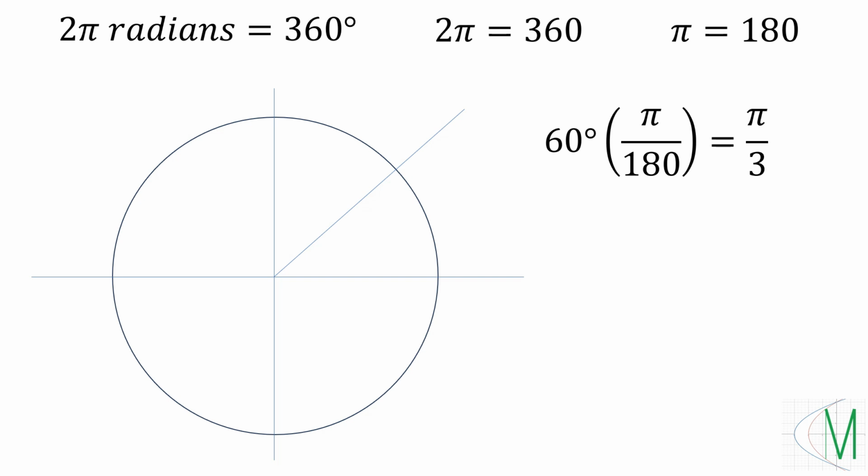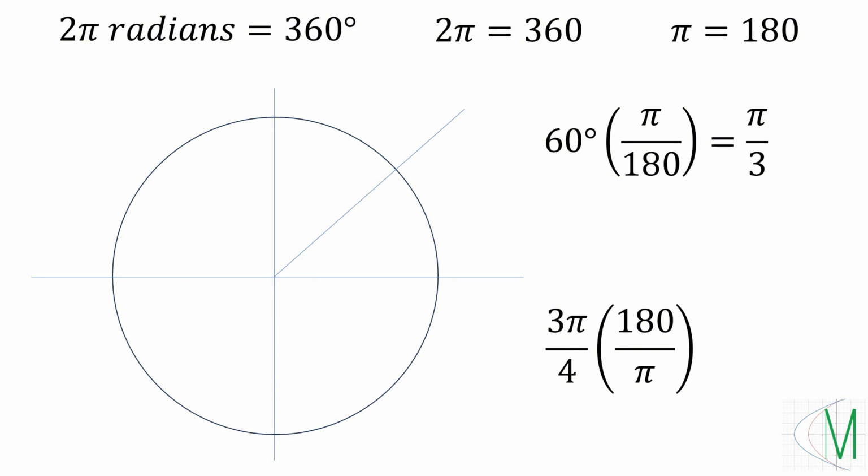Let's say I want to go the other direction. Now let's say I have 3 pi over 4. If I want to change this from radians to degrees, it's actually a lot simpler than it sounds, because I just take that fraction and flip it over. So 3 pi over 4 times 180 over pi. You can cancel these out however you want.